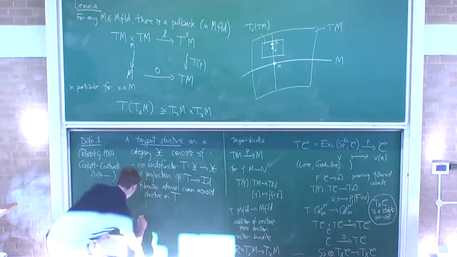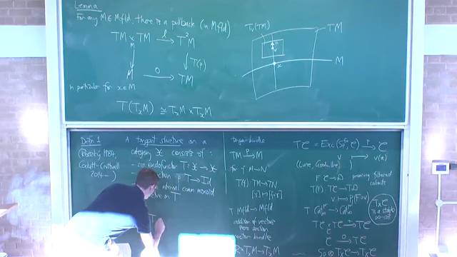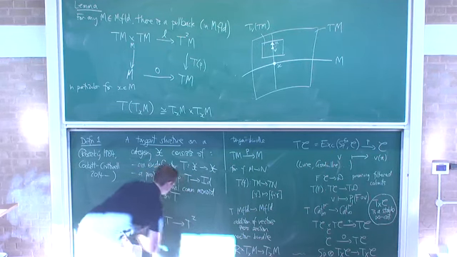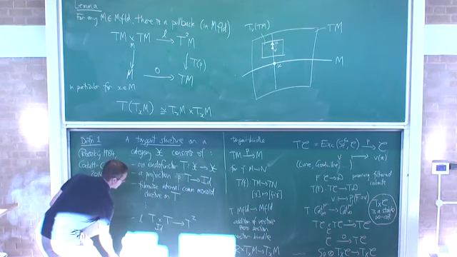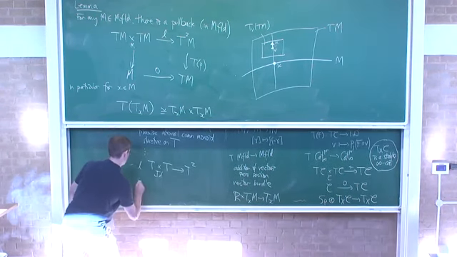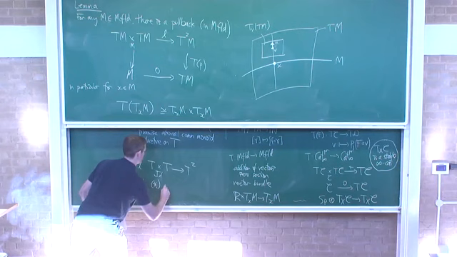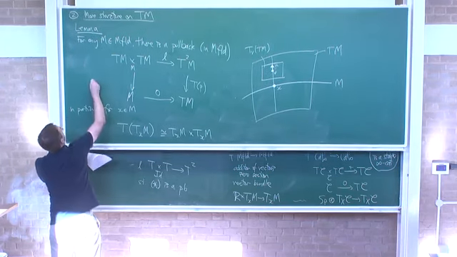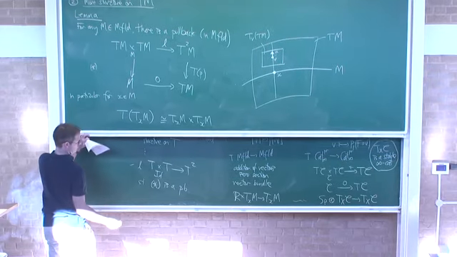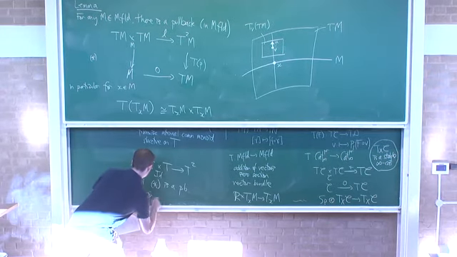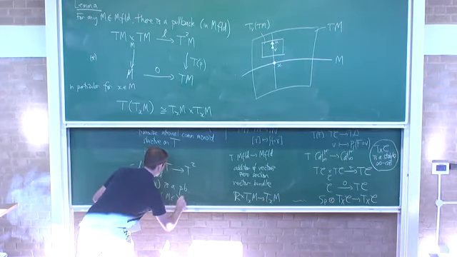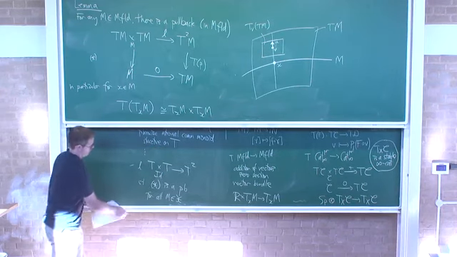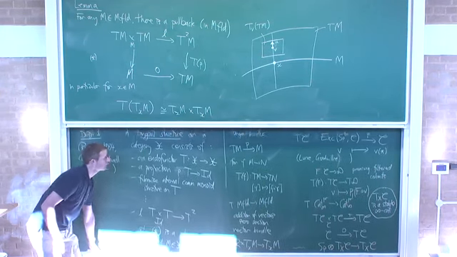So L goes from T cross over the identity T to T squared, such that this holds.